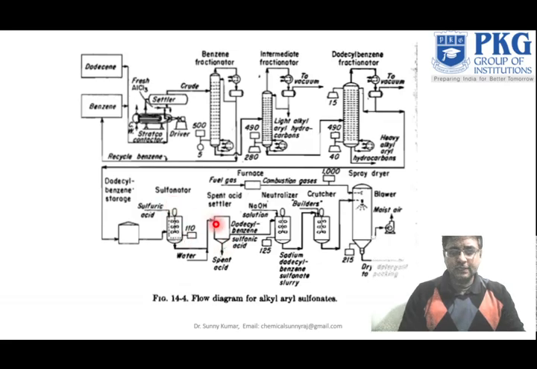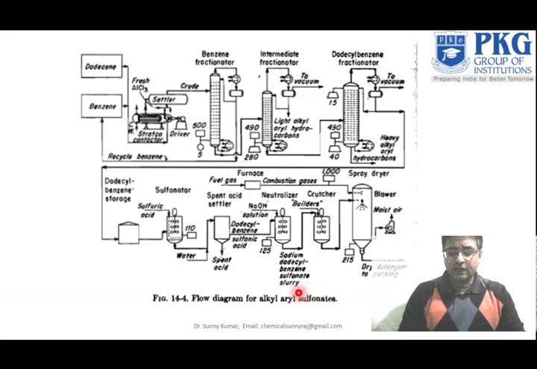This is a spent acid settler, where we get the spent acid from the bottom, and from the side of the bottom we get the dodecyl benzene sulfonic acid, which we send directly to the neutralizer, where we treat it with sodium hydroxide solution and get sodium dodecyl benzene sulfonate slurry.